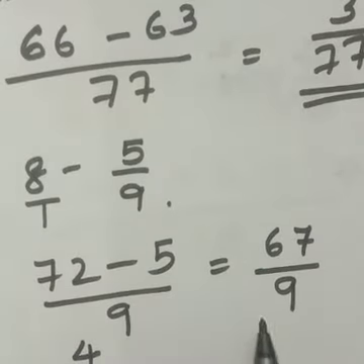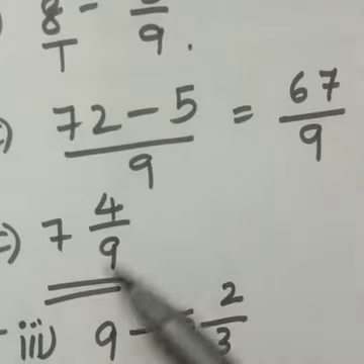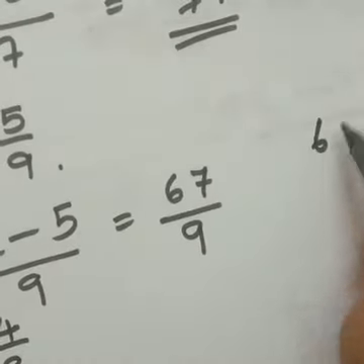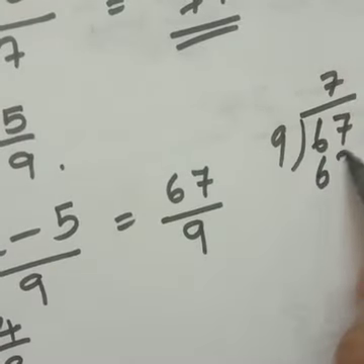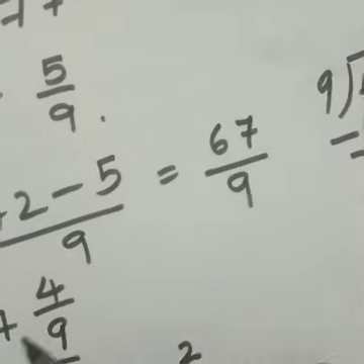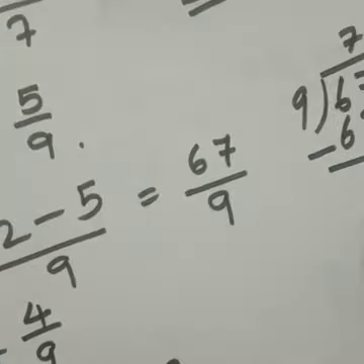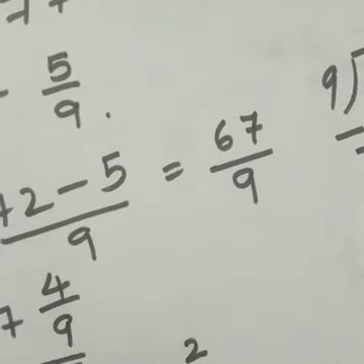Subtracting mixed fraction: you have to make this improper fraction into a mixed fraction. You know how to do it: 67 divided by 9, 7 is the whole number, 4 is the remainder, and 9 is your denominator.